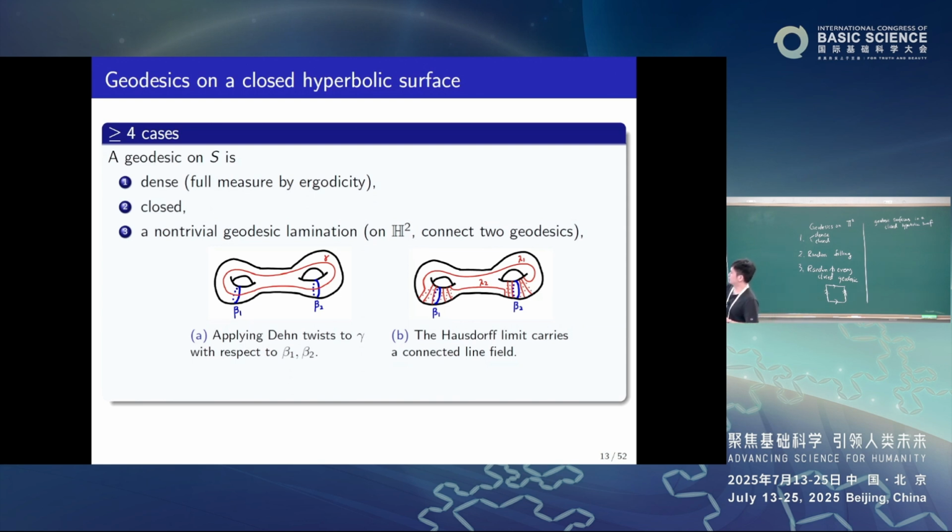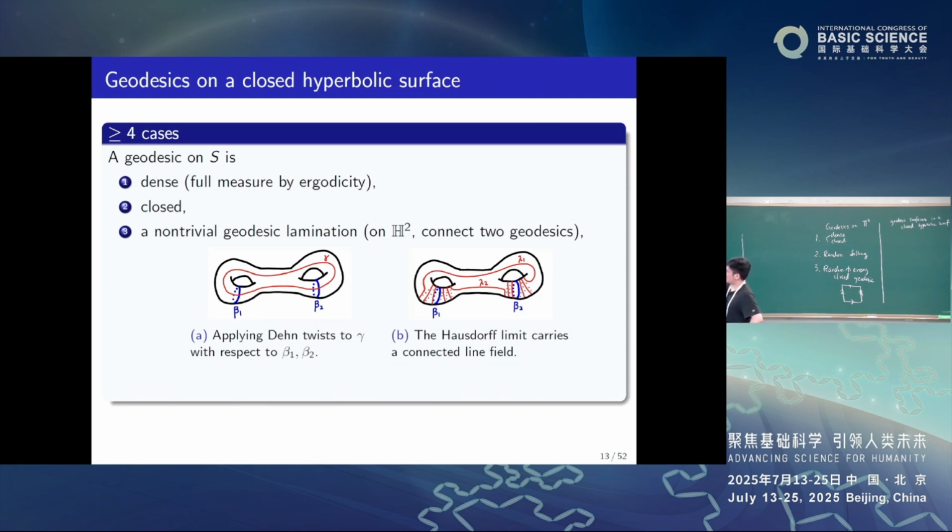What's interesting is that this set is connected but not path connected, like the topologist's sine curve, which you probably learned in a topology class. It's not path connected, but you're limiting to this geodesic.